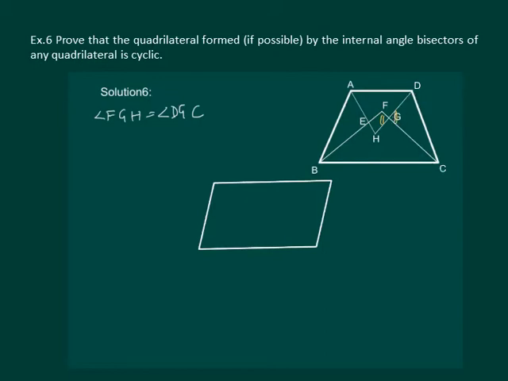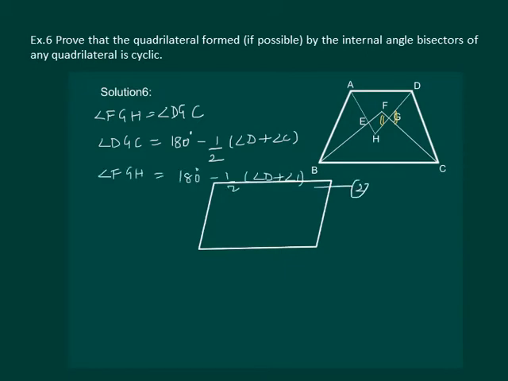So we directly write angle DGC equal to 180 degrees minus half of angle D plus angle C, which is same as angle FGH equal to 180 minus half of angle D plus angle C. We mark this equation as 2.